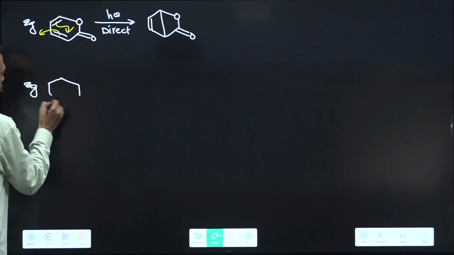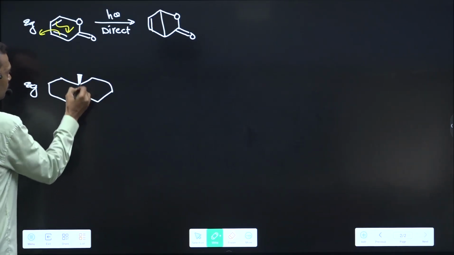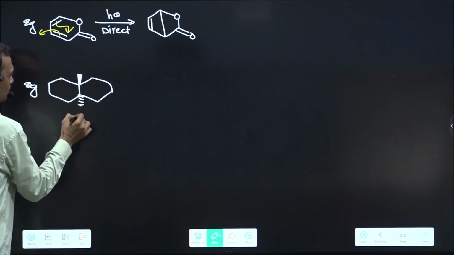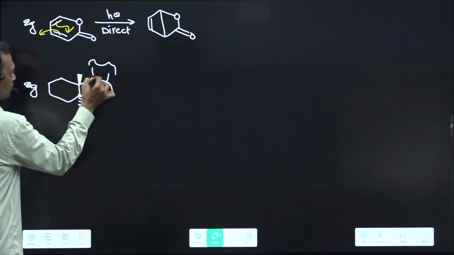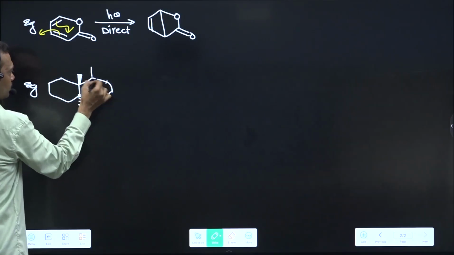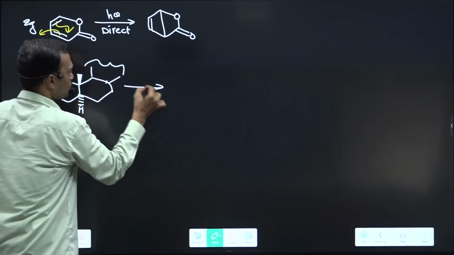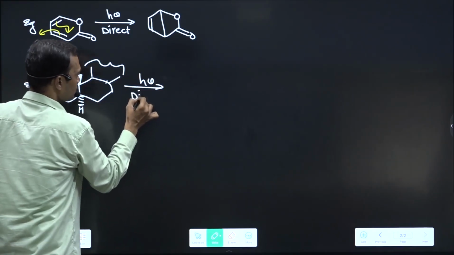Okay. Next. Here hydrogen. Here two double bonds I am writing, same. Photochemical direct. What is the answer?